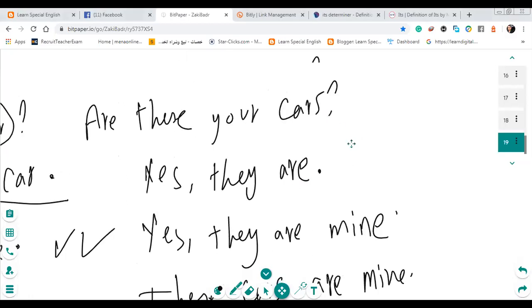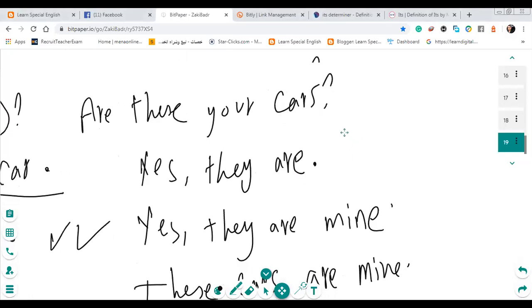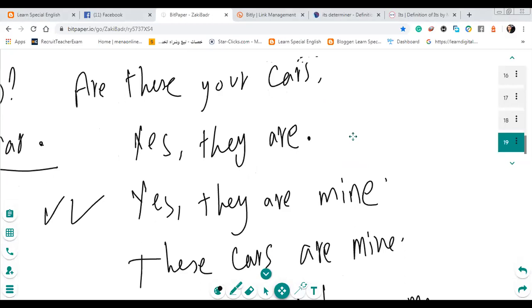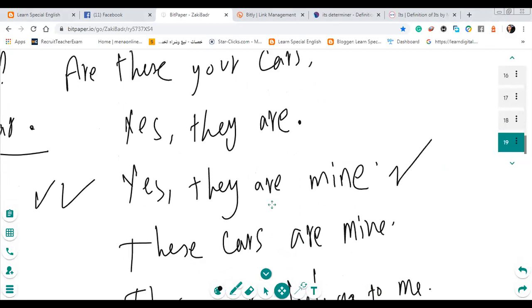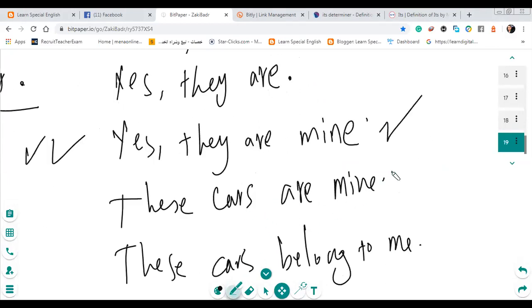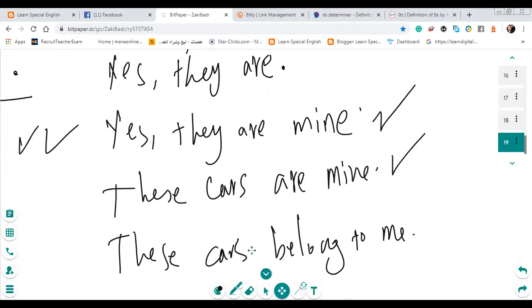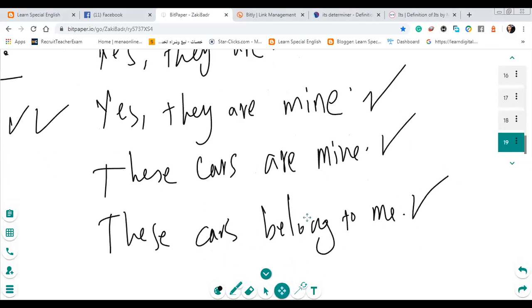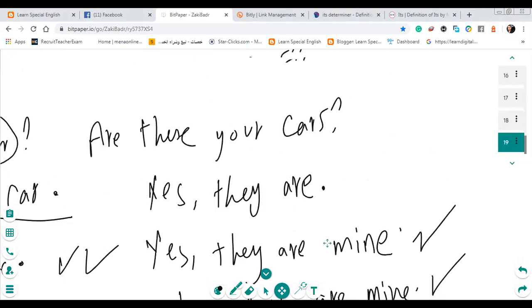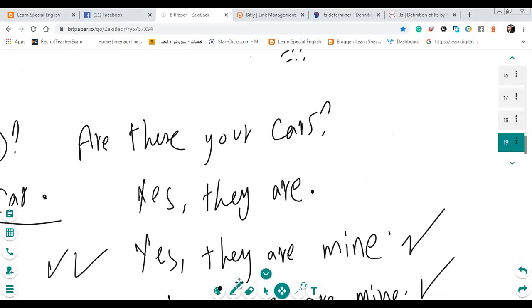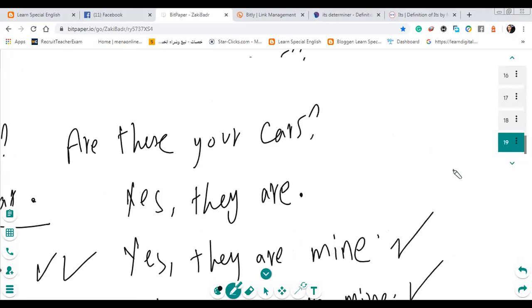So what do you think? Yes, they are mine. This is correct. Only the first two. These cars are mine. Correct. These cars belong to me. Also correct. And this is not that correct.